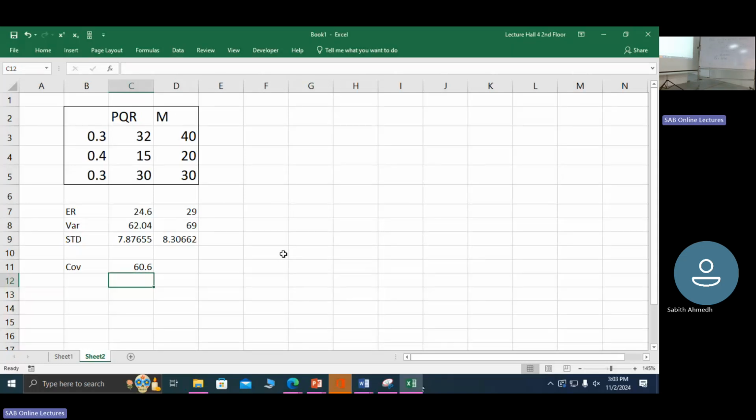Standard deviation is correct. Then the covariance and also the correlation between the market and the PQR stock.